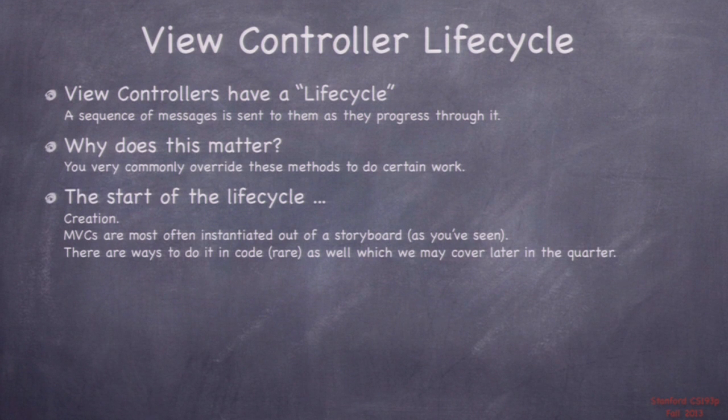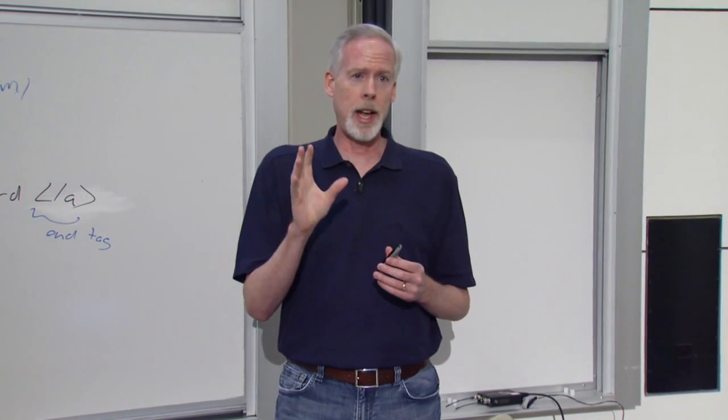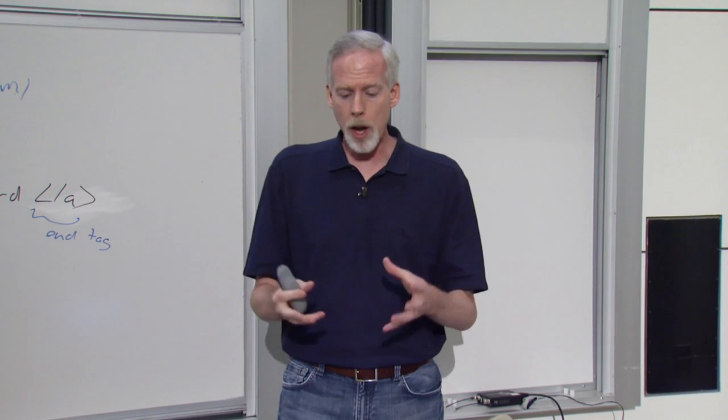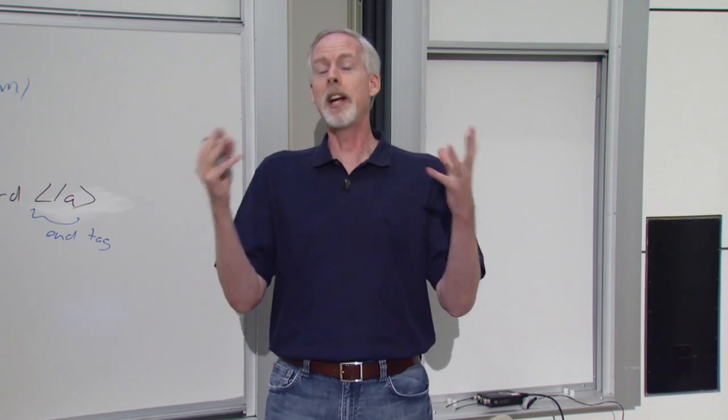Most view controllers are created out of storyboards. And I told you that storyboards don't generate code. You're basically editing those objects live, that UITextView, those buttons, in Xcode. When that storyboard gets saved, they kind of get freeze-dried. Then when your application runs, water gets added back to them and they come back to life.